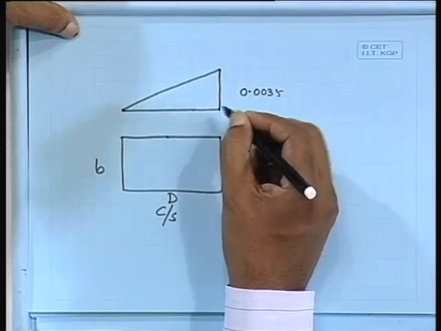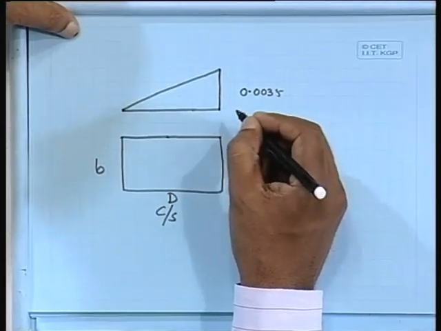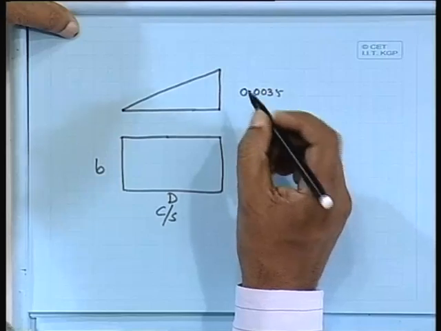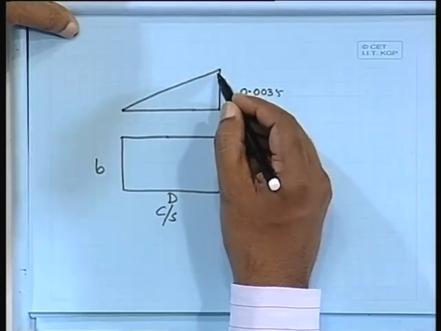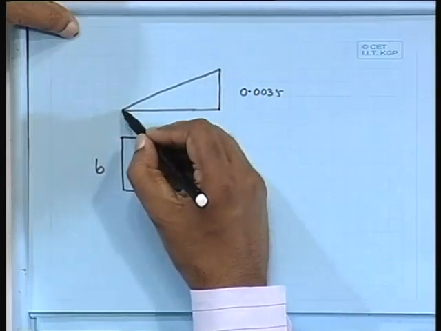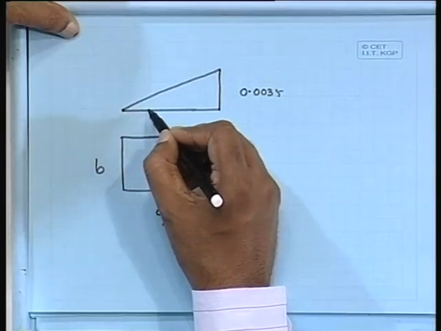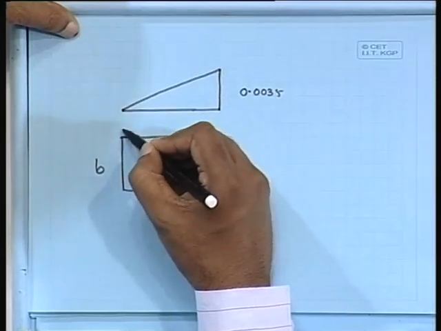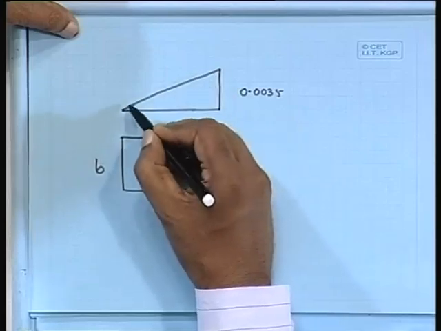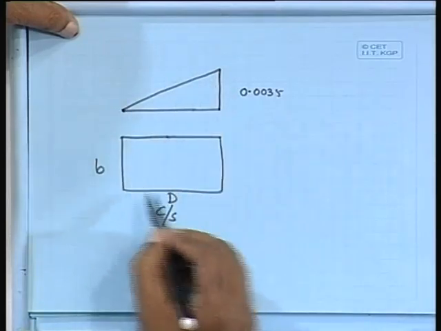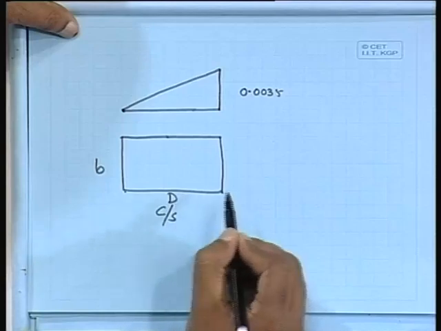In any case we cannot go beyond it, because concrete cannot take more than 0.0035. And also, there is no tension on this side, that means this is the limiting value we can have, because otherwise tension may occur. So, from this end to this end I can have.